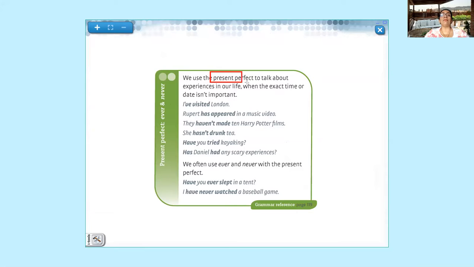Remember that we use the present perfect to talk about experiences when the exact time or the date isn't important. Remember, present perfect about past experiences. What is the first condition that we use to talk about the present perfect? The use of have and the verb in past participle, or has and the verb in past participle form.